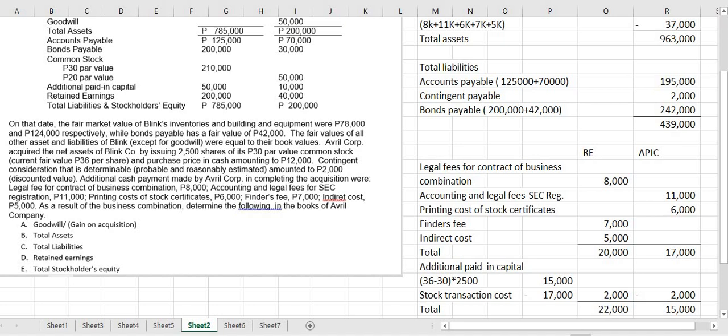Also, i-consider natin sa part ng accounts payable yung contingent payable, that's 2,000, kasi part yan ng consideration. Then yung bonds payable natin, that's 200,000 for the acquirer, then 42,000 for the acquiree. That's 242,000. So, total na liabilities natin is 439,000.